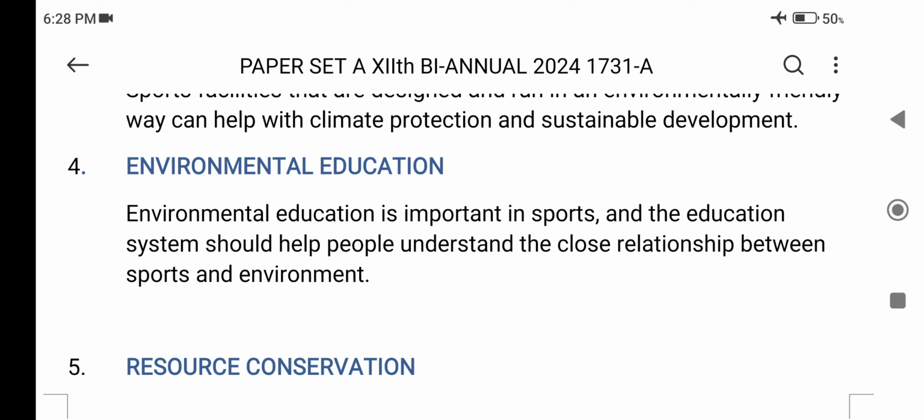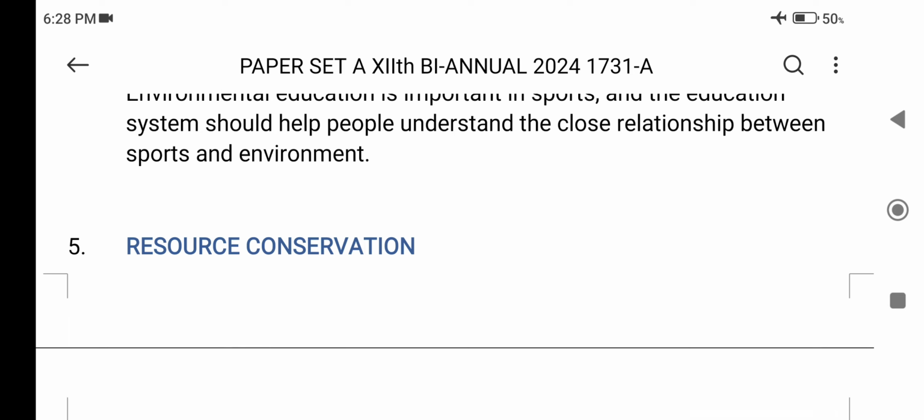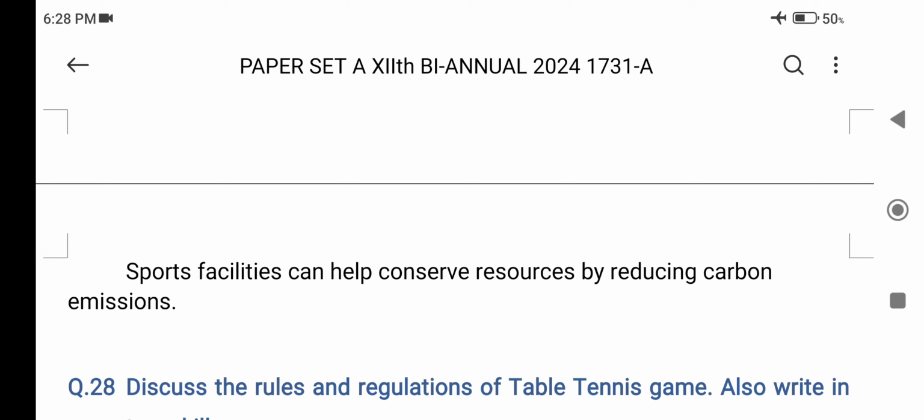Environmental education is important in sports, and the education system should help people understand the close relationship between sports and environment. 5. Resource conservation. Sports facilities can help conserve resources by reducing carbon emissions.